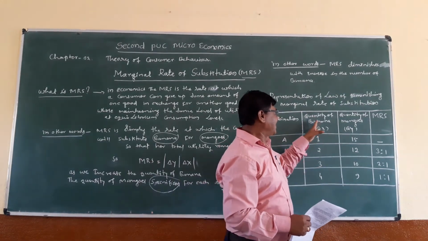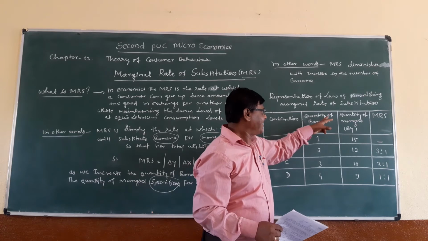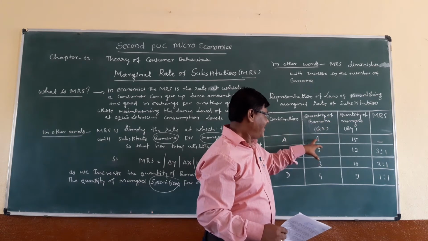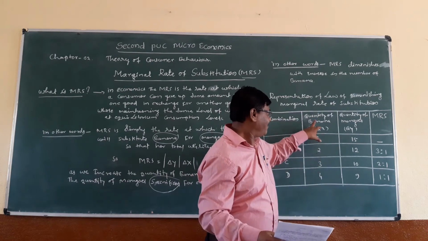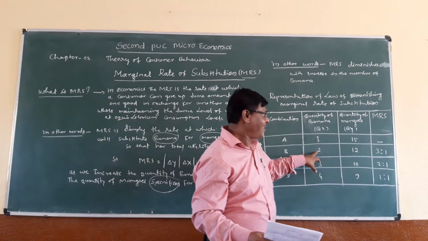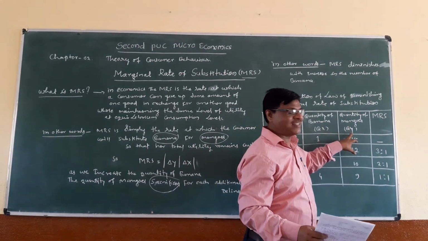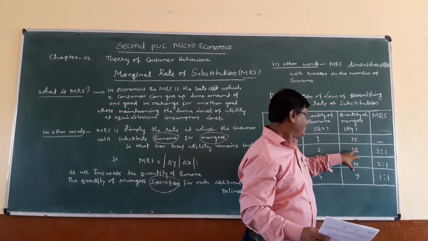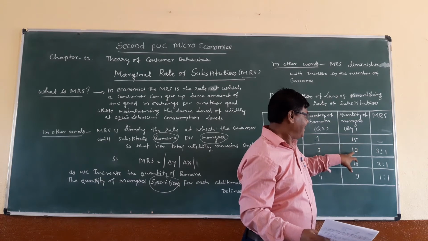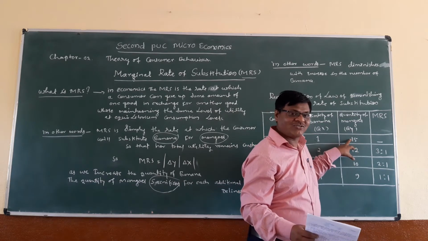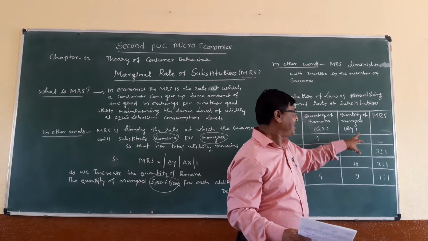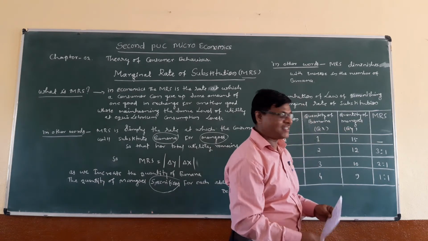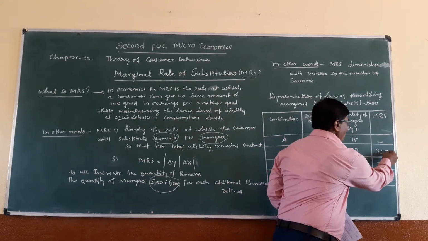When we increase the quantity of banana from 1 to 2, one more banana, the consumer has to sacrifice 15 to 12, which means the consumer has to sacrifice 3 mangoes. The marginal rate of substitution is 3:1.